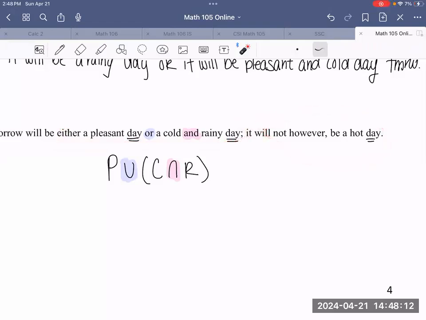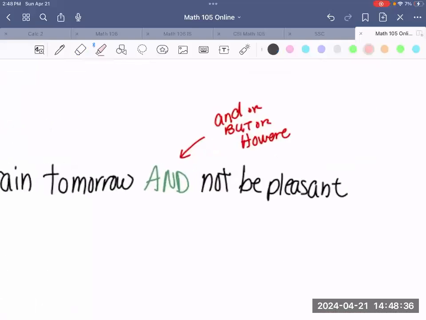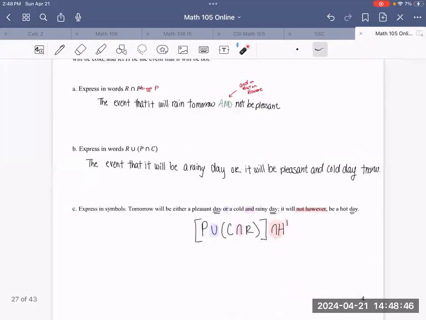However, no matter what, it will not, however, be hot. Not be hot. So, and not hot. Right? We said this and because the next one is negated, it can be either and, but, or however, as long as the next one is negated.